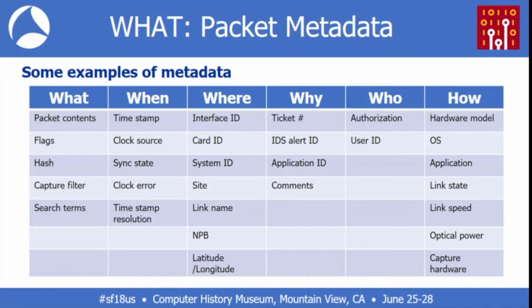Why? Was this triggered by an IDS alert, or was there some user reporting a trouble ticket, or something like that? Where within your network was it actually recorded? What was the clock synchronization doing? And of course the actual trace itself, if you like, the packet contents, capture filters and search terms and things like that.